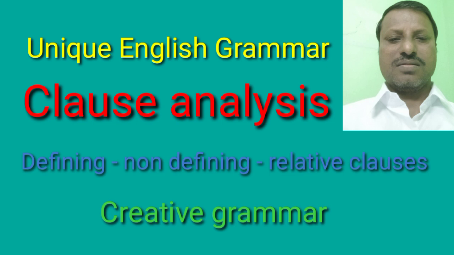With main clauses, coordinate conjunctions are used. What are the coordinate conjunctions? Some of the coordinate conjunctions are so, and, but, for, nor, or, yet.